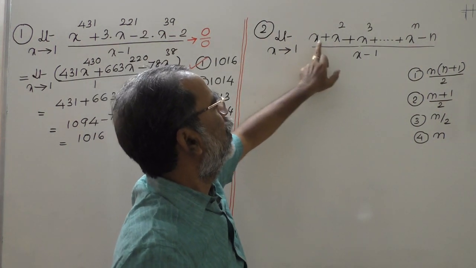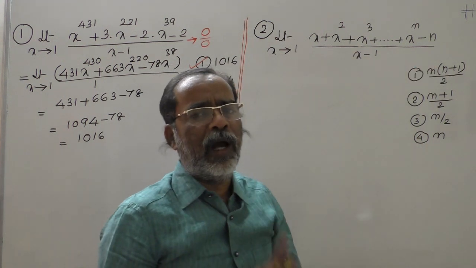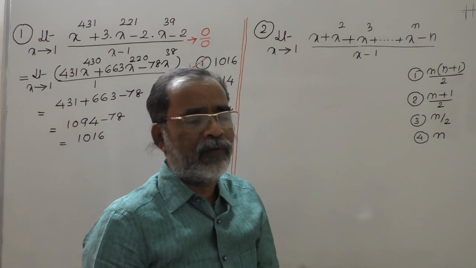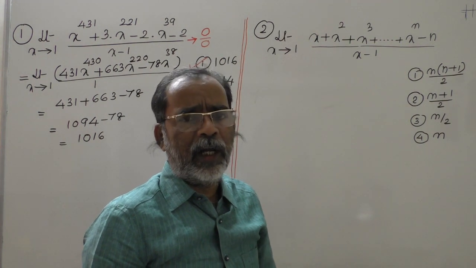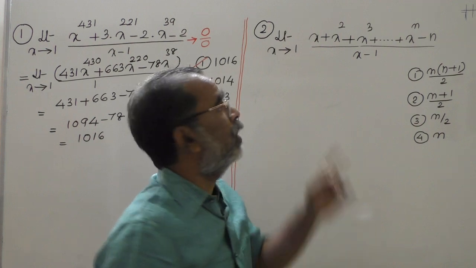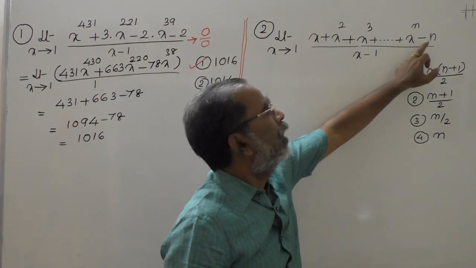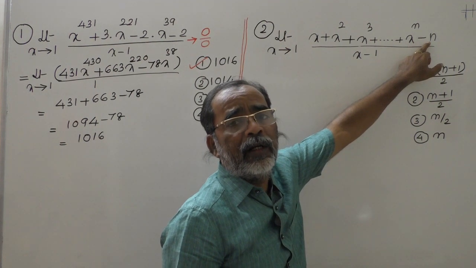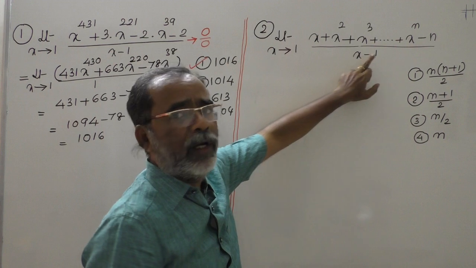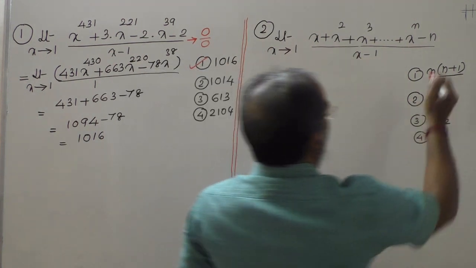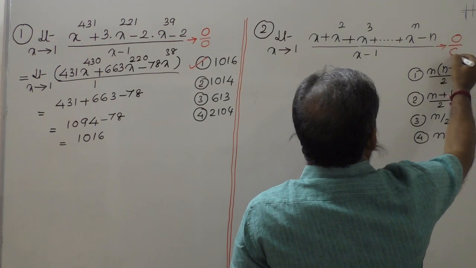If you put 1, they are all equal to 1. Adding 1 n times: adding 2 times it is 2, adding 3 times it is 3. You are adding n times, therefore this will be n. And minus n. n minus n is 0. Denominator 1 minus 1 is 0. So it is also taking the form 0 by 0.